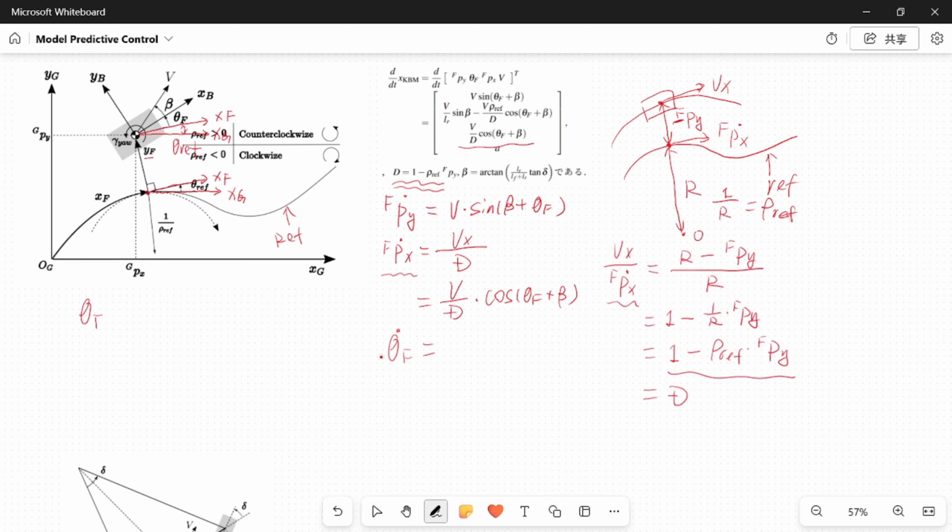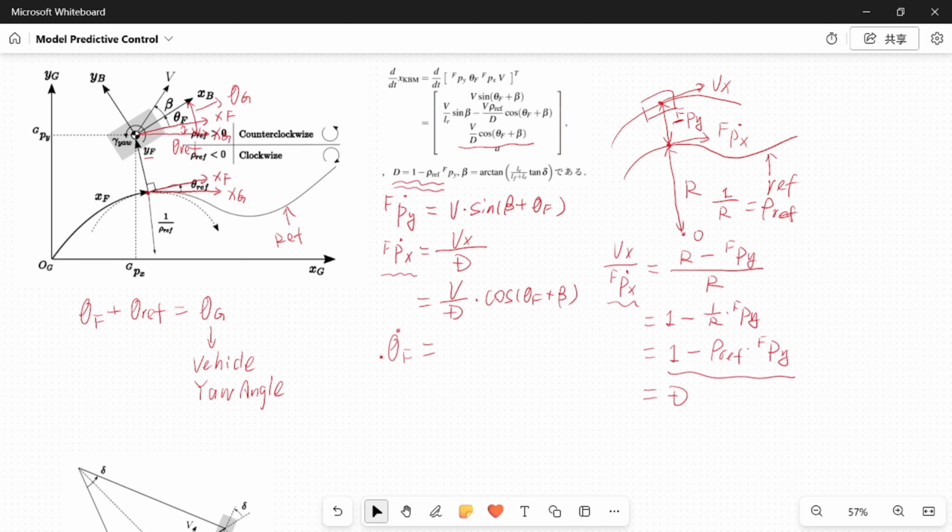Theta F plus theta REF equals theta G. This angle is theta G. Theta G is the vehicle's own yaw angle.